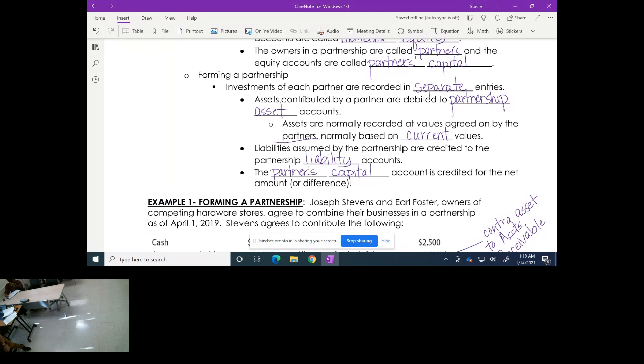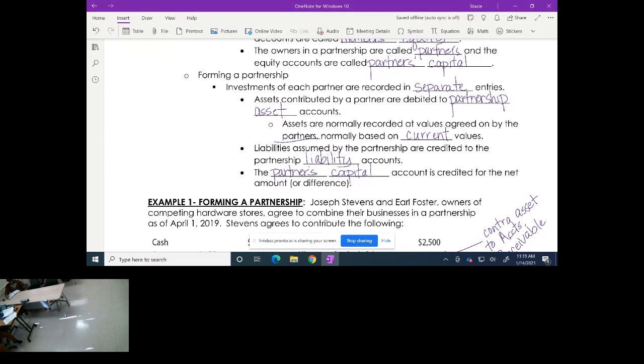How do you get book value? Cost minus something. Accumulated depreciation is equal to what? All right, so cost minus accumulated depreciation is book value.